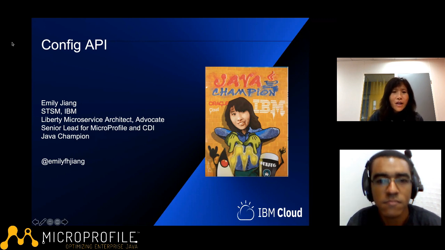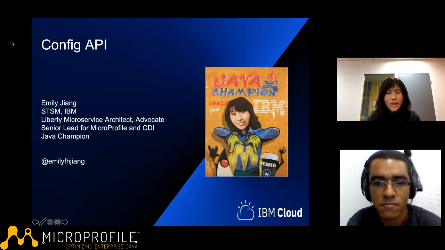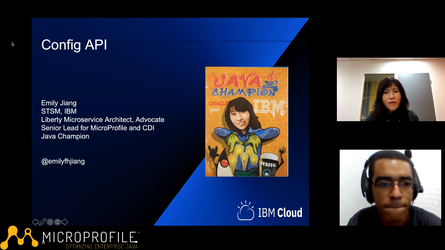I mainly work on MicroProfile and Liberty, both open source projects. I'm also a Java champion. If you want, follow me on Twitter. My Twitter handle is Emilly FH Jiang.